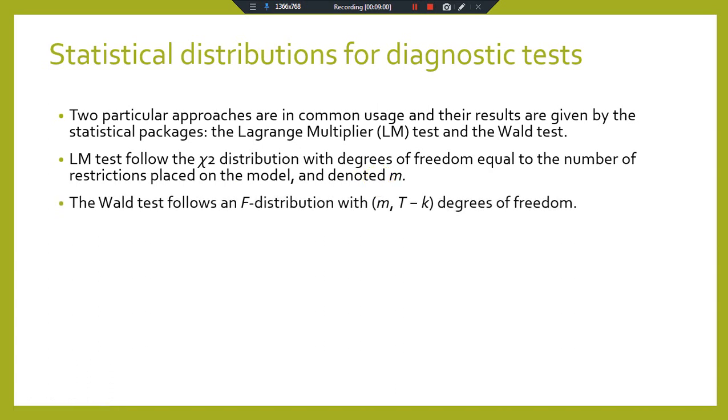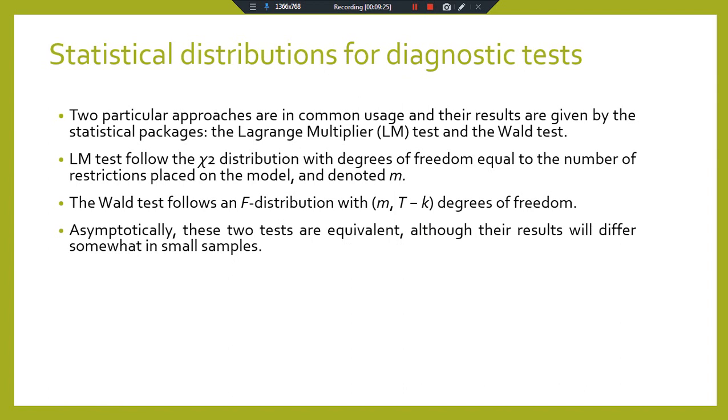The Wald test follows the methodology of the F distribution. That's why the degrees of freedom for the F test are m and T minus k, which you are very familiar with: m, the number of restrictions, and T minus k, the number of observations minus k, the number of parameters.